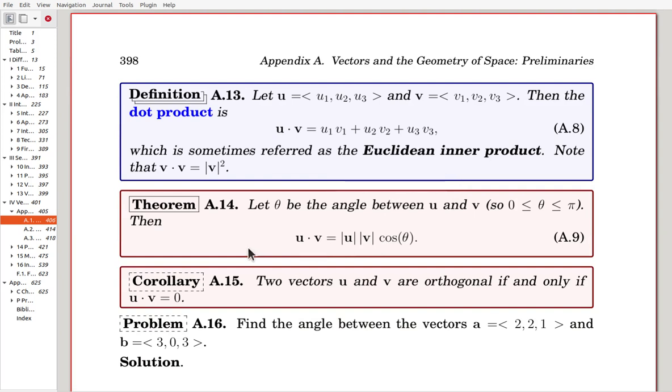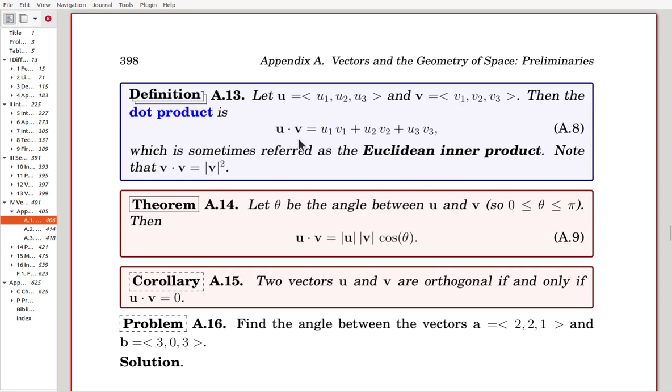Here we have the definition of the dot product for two given vectors in 3D. u is (u1, u2, u3), v is (v1, v2, v3). The dot product u dot v is defined in this way. Component-wise multiply and then sum.